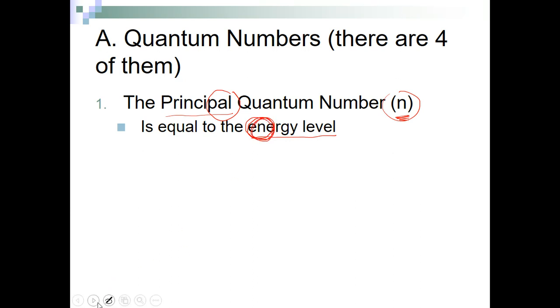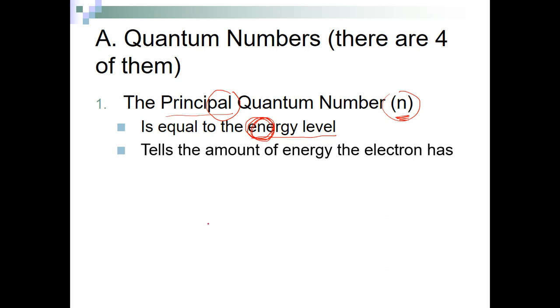Now, if you look at your periodic table, if I were to ask you to draw a Bohr model for any given element, the way that you would figure out how many energy levels to draw around the nucleus is you would look at the period on the periodic table. So the N quantum number is always equal to the period that you find your element in.